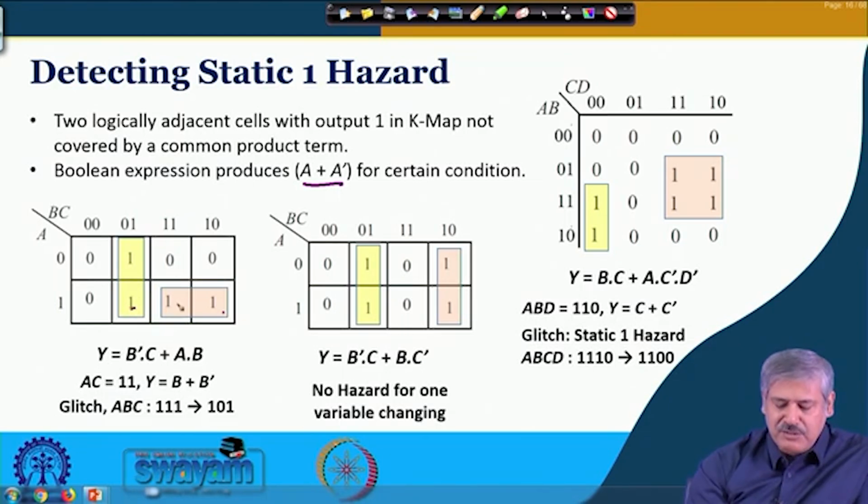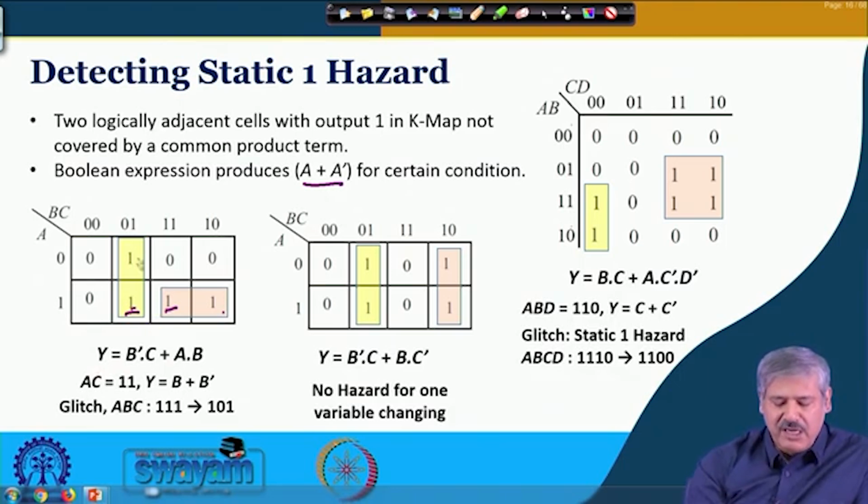So, this one and this one are adjacent, but they are not covered by one common product term; this group generates one product term, this group generates another product term. So, it is having a static 1 hazard, a potential glitch, and under certain conditions it might occur. Let us see how it occurs.